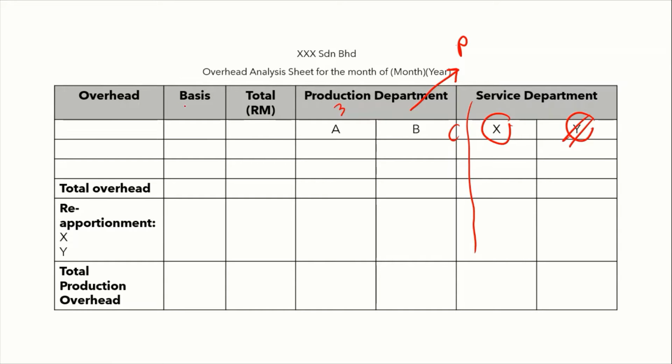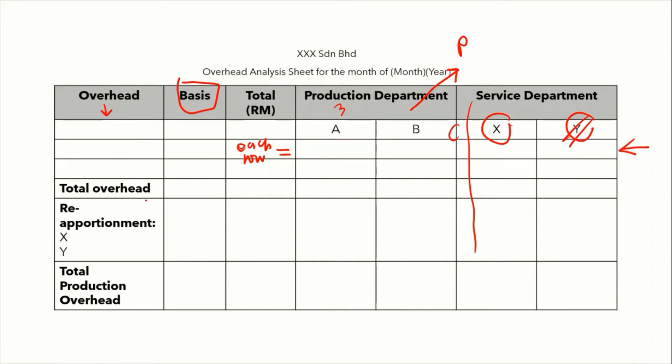The basis will be put here. The basis for your overhead and the overhead costs will be listed under here. You will have your total here, which is the total for the row, the total of each row. Rows go horizontally.